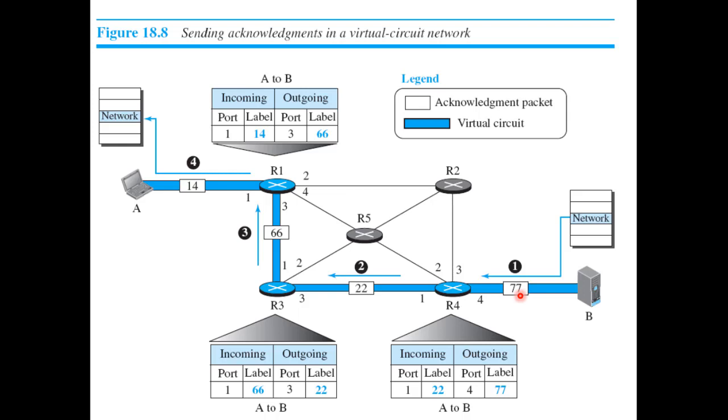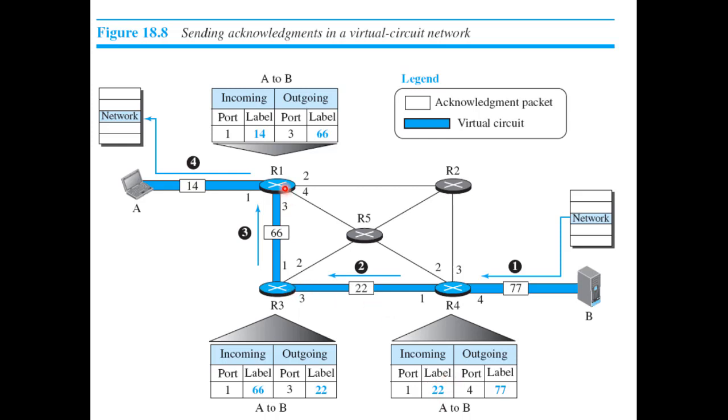Once there is virtual circuit identifier 77, I assume that this packet is coming from A. Then router R4 updates its forwarding table with the outgoing label 77 and sends a packet to the previous router, saying that if you want to establish a connection with B, you need to send a packet with the incoming virtual circuit number of 22 to me.